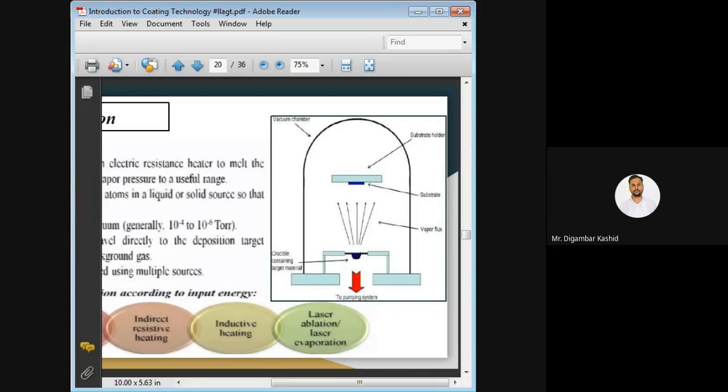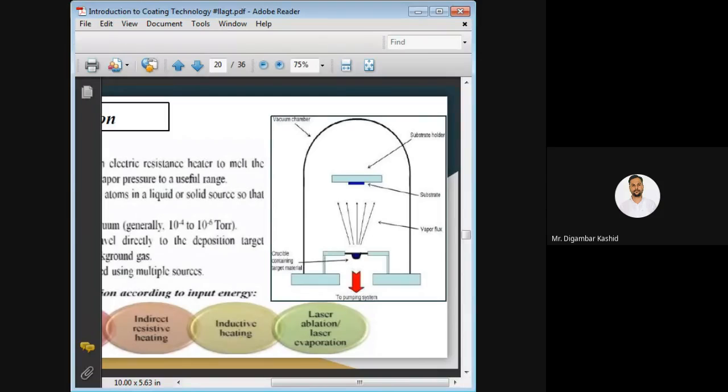In the thermal evaporation process, the thermal evaporator uses an electric resistance heater. For what purpose? To melt the source material and raise its vapor pressure to a useful range.